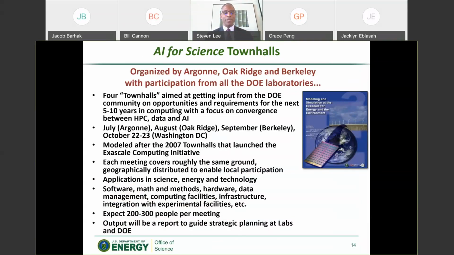These are very big meetings with several hundred people. Invitation is required, invitation only. People can register. And the output from that town hall report will be another report to guide strategic planning at the labs in DOE.